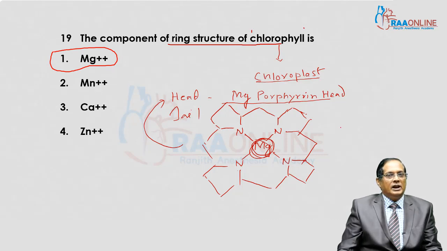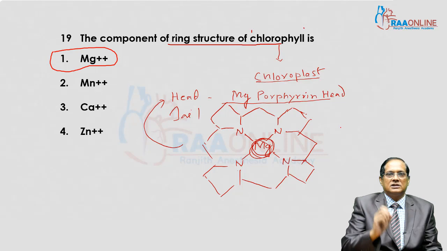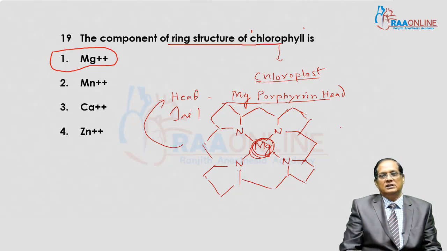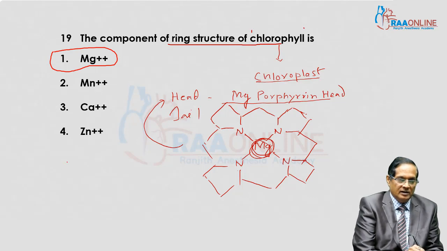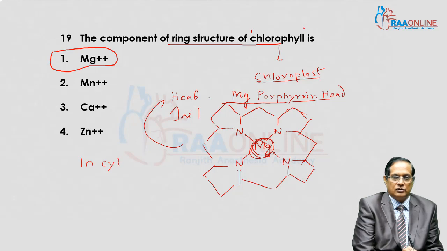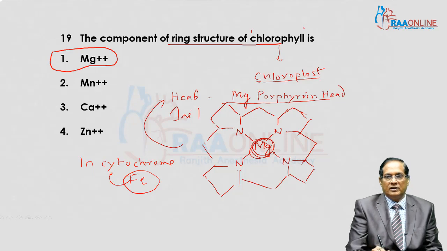A very close structure is cytochrome. In cytochrome, in place of magnesium, iron is there, whereas in chlorophyll, magnesium is there.